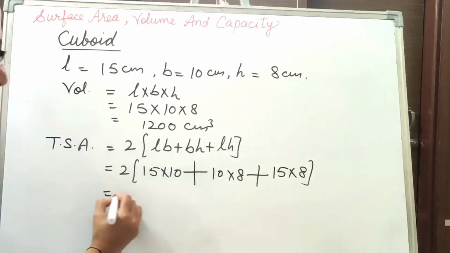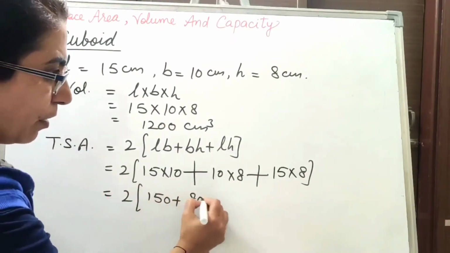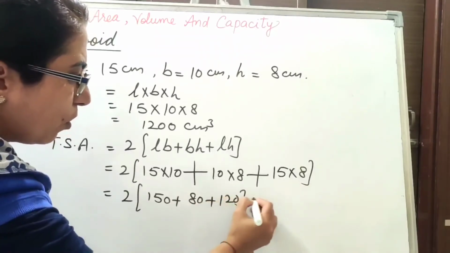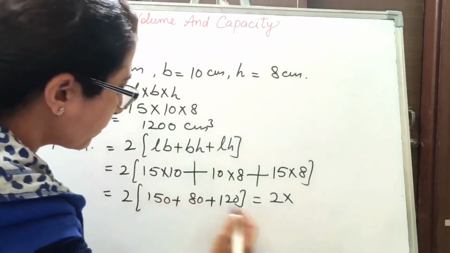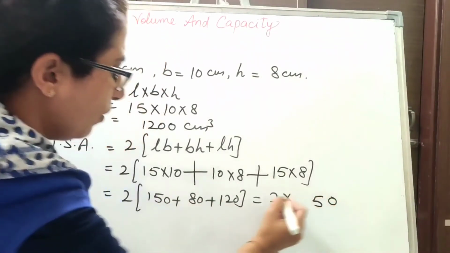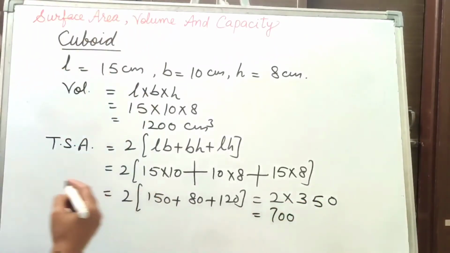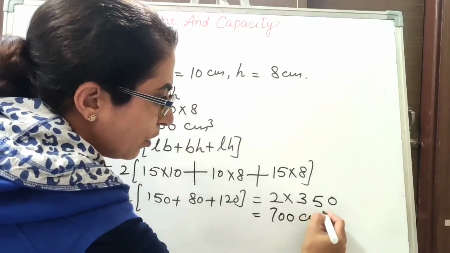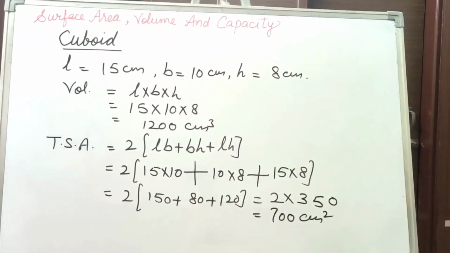Now simplify this, you will get 150 plus 80 plus 120, that is 350, so 2 into 350 is equal to 700 centimeter square. So this way we can find the volume and the total surface area of the cuboid.